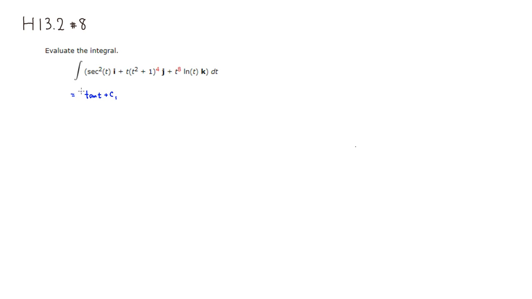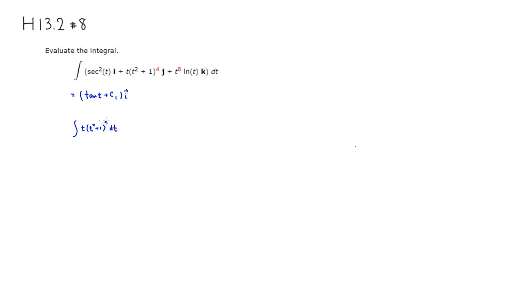Then we have vector i. Then we need to evaluate the integral of t times (t squared plus 1) to the fourth dt.